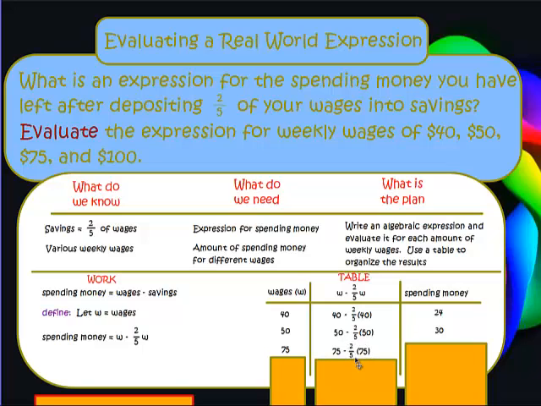Again, remember, we're doing this part first, and then we're subtracting it from 75. And I get $45. Finally, $100 is going to be 100 minus 2/5 times 100, and that's $60.